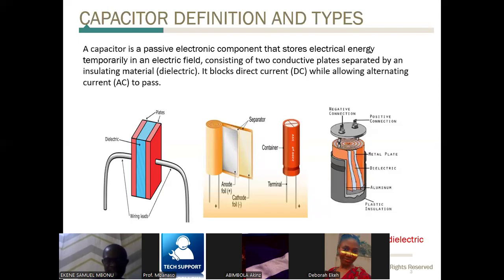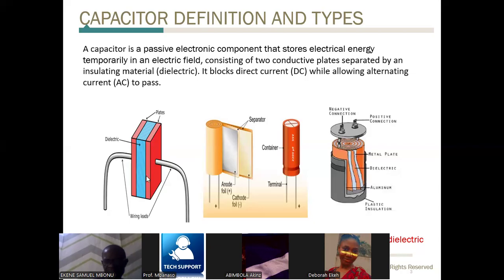Talking about dielectric, or the construction of a capacitor, look at this figure where my mouse is pointing. You see two metal plates. In between them is an insulator called dielectric. Once these two terminals are connected to voltage, this is source, this stores energy.